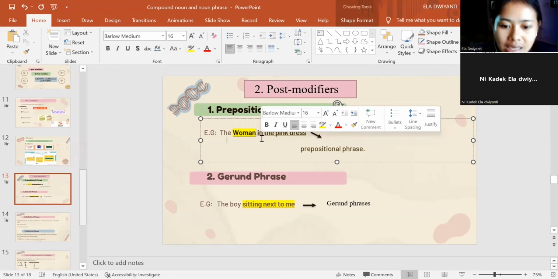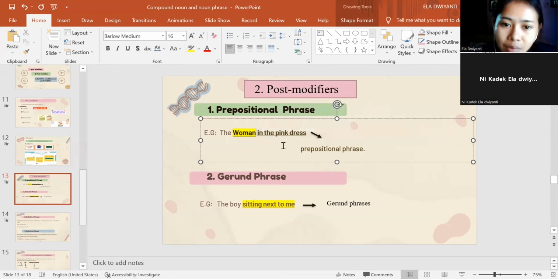It comes after the noun and modifies the noun, which means woman.